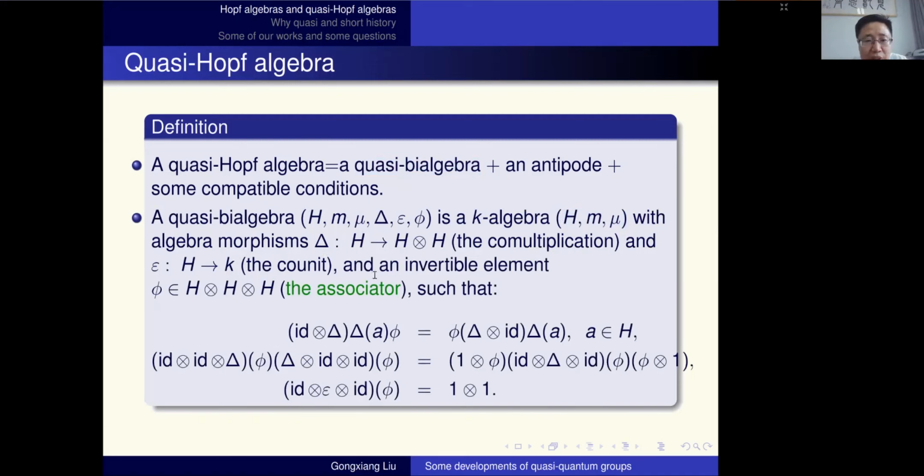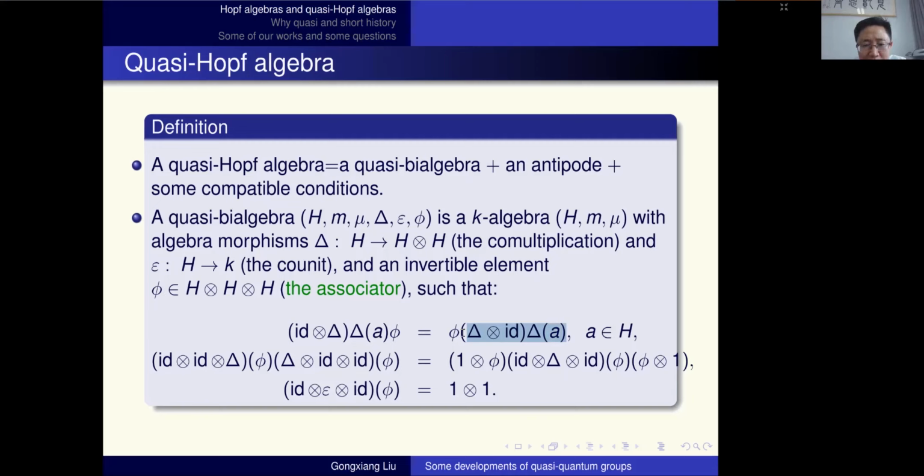Co-associative means there's no such phi, you see? But for a quasi-bialgebra, the co-associativity is replaced by conjugation by an invertible element.